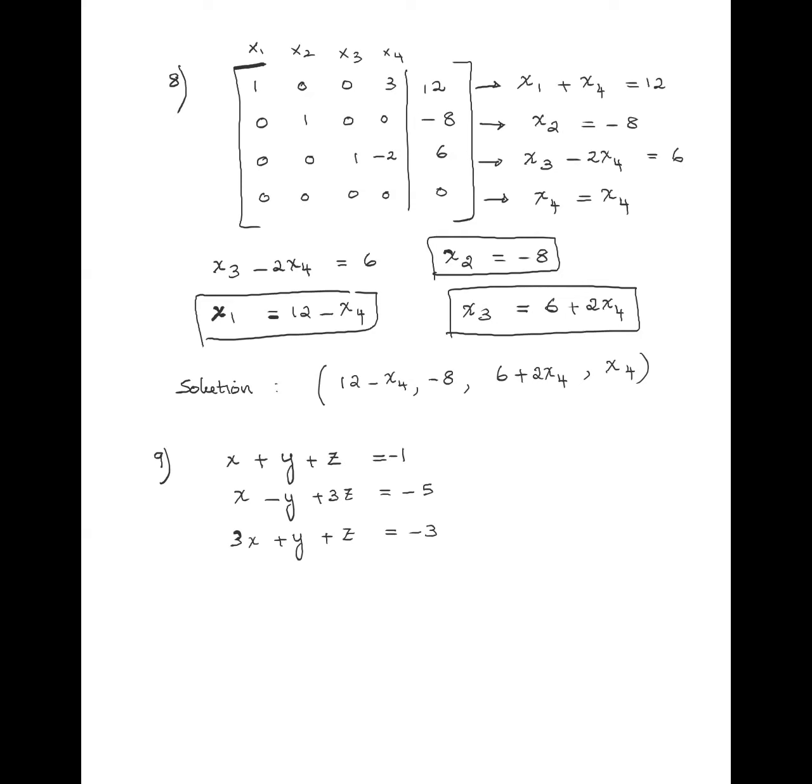Then we have to do some row operations. So this is our first augmented matrix. Now we have to reduce into row echelon form, which is we have to make this one to 0 and this one to 0.